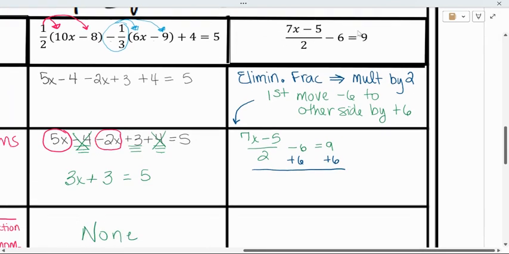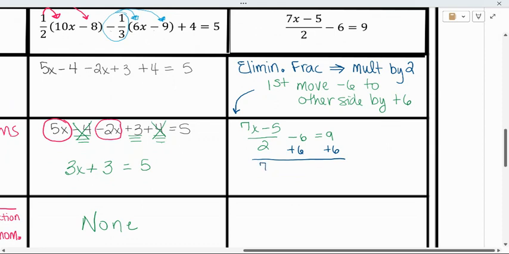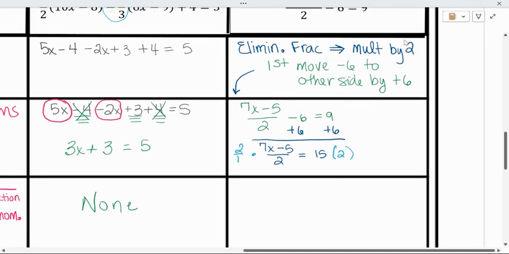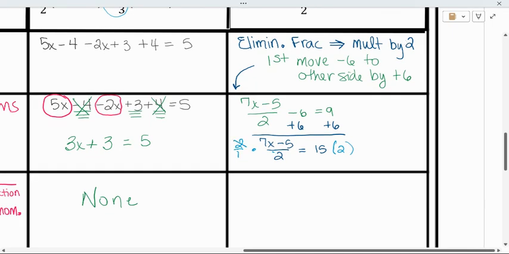So when I add 6 to both sides, that gives me 7x minus 5 divided by 2 equals 15. And now I can do what Lissandro said, which is multiply both sides by 2 over 1 or 2. Good job. That eliminates my fraction. 7x minus 5 equals 30.